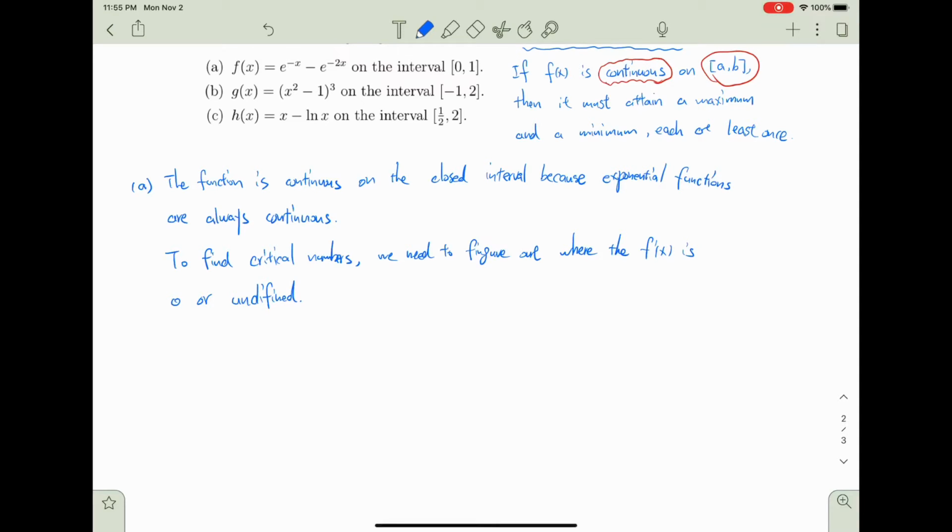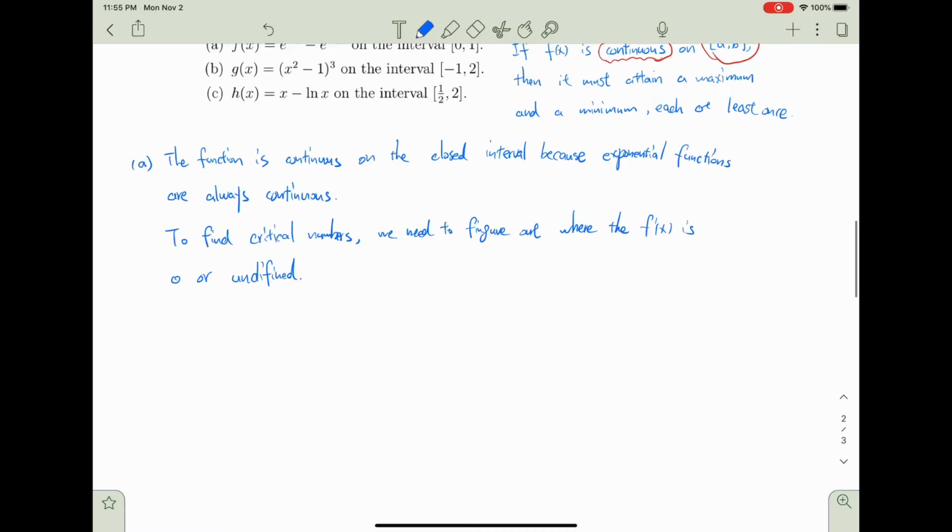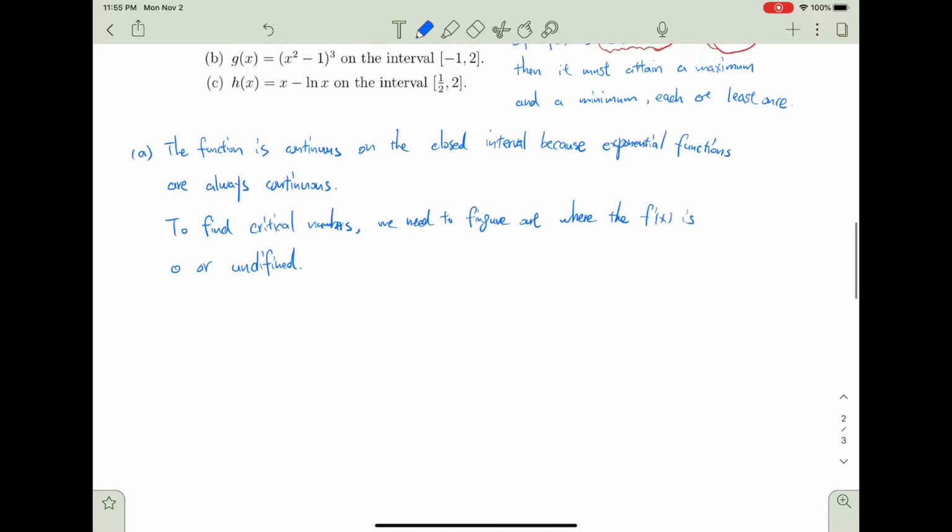Okay, so that's the two kinds of critical numbers.